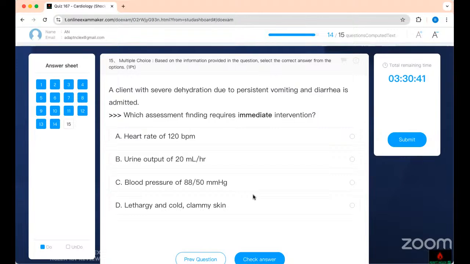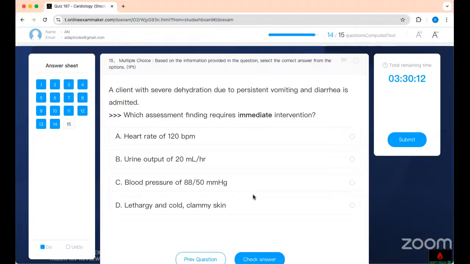Immediate intervention is a priority. But ask yourself, which one is expected? They may all be expected, but which expected finding is bad? You ask yourself, is it a breathing issue, airway, lethargy, or electrolyte problem? I don't see a breathing problem. I see shock. But which finding associated with shock is more worrisome? Tachycardia? Okay, I give you fluid.